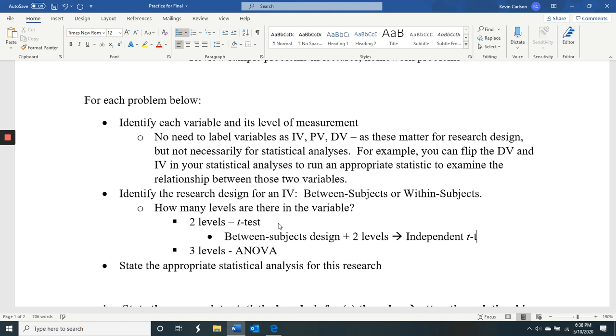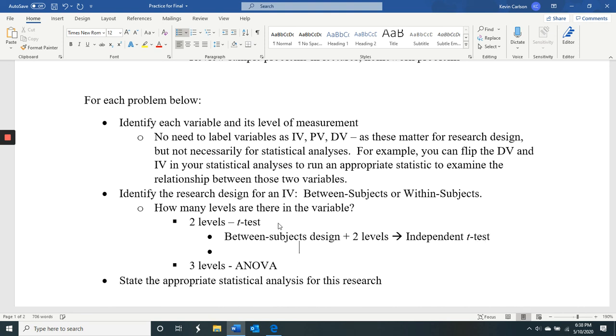It's a little bit of a hassle because you have to italicize that. And if you have a within subjects design and 2 levels, that's a paired t-test. Just trying to help you out here.